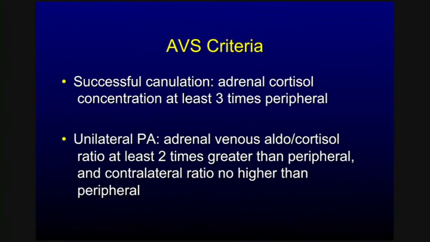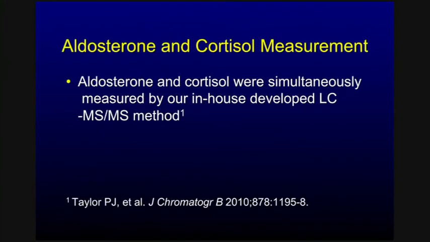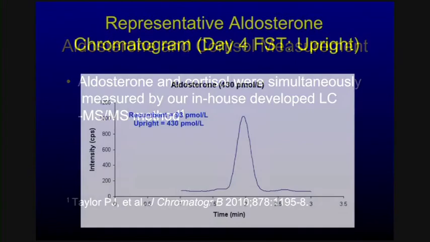So the affected side at least 2 times peripheral, and the unaffected side no higher than peripheral. We measured aldosterone and cortisol by our in-house developed tandem mass spec method. Paul has now validated cortisol as well as aldosterone.